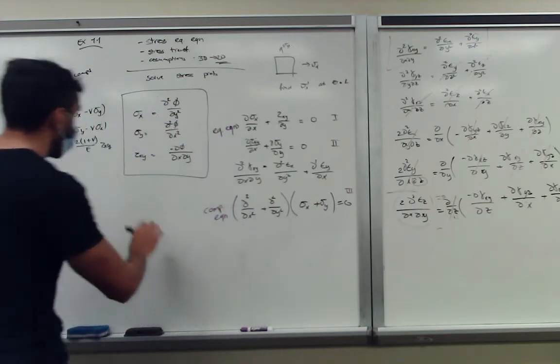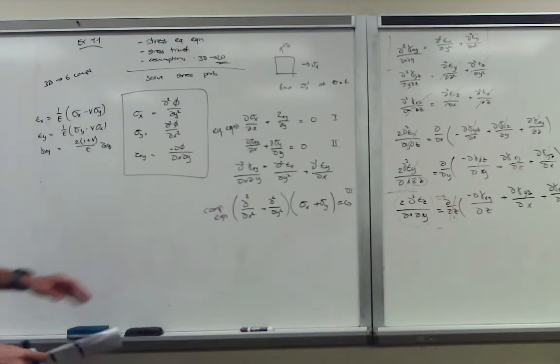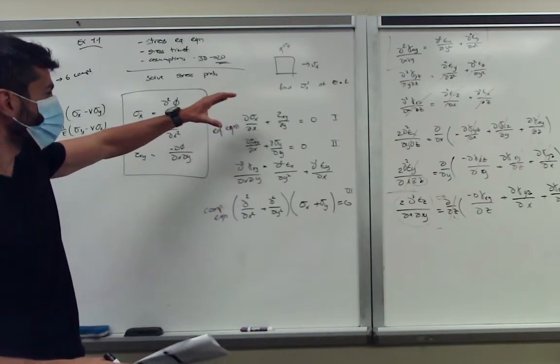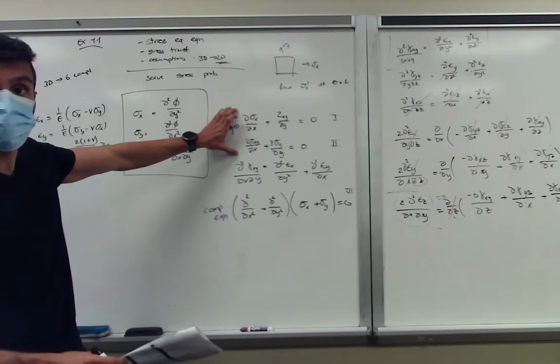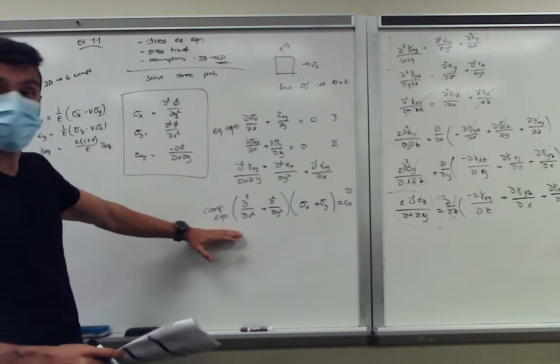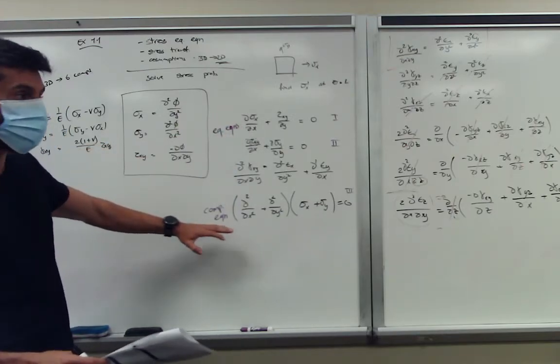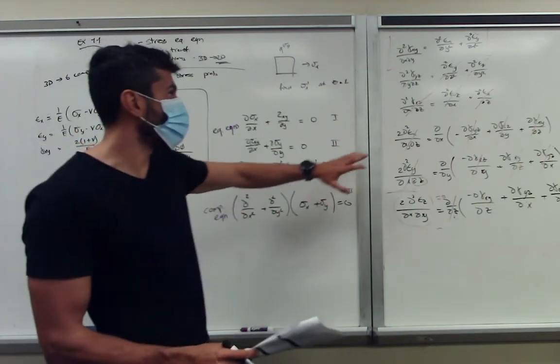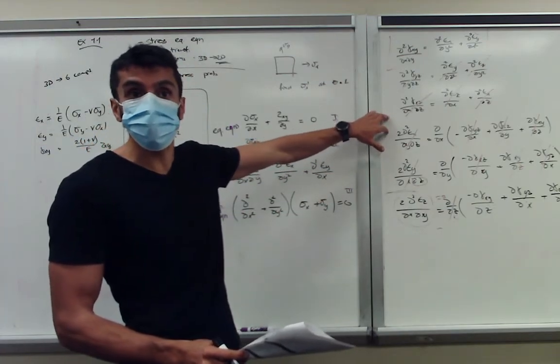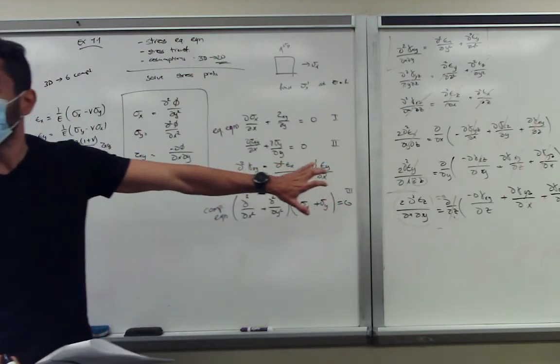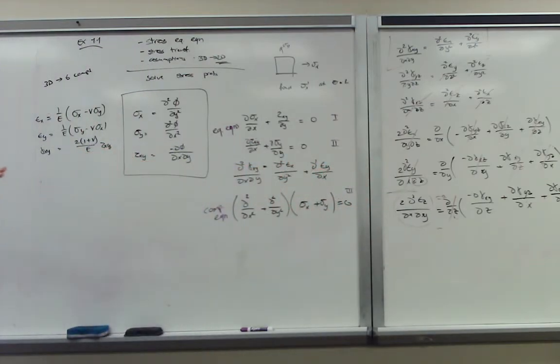Basically, our function phi must satisfy our stress equilibrium equations and must satisfy our compatibility equation. And this compatibility equation came from the fact that we have a displacement field of 3 coordinates and 6 equations. So in order to have a displacement field that satisfies all the equations, we needed some compatibility between those relationships.